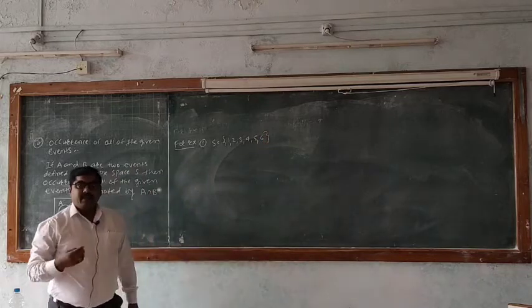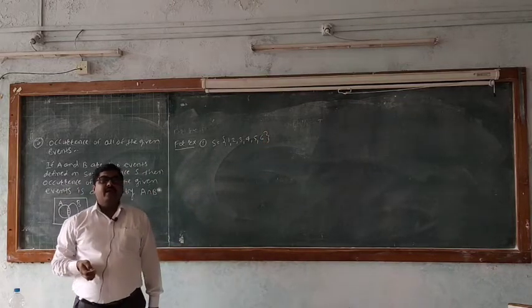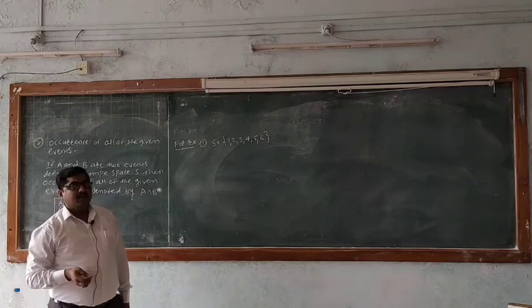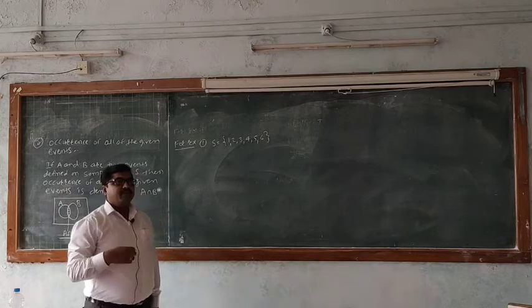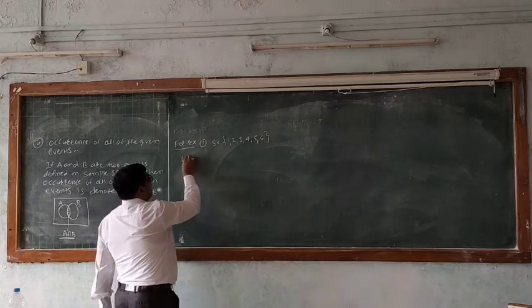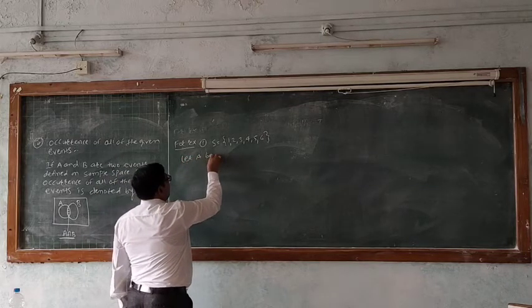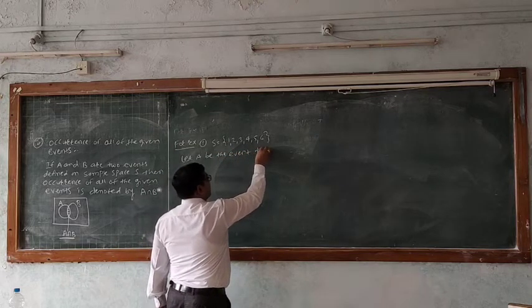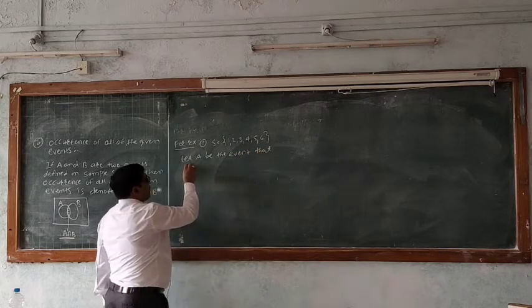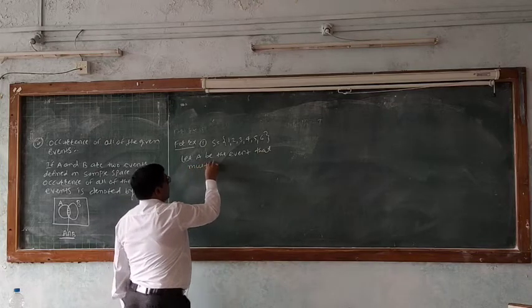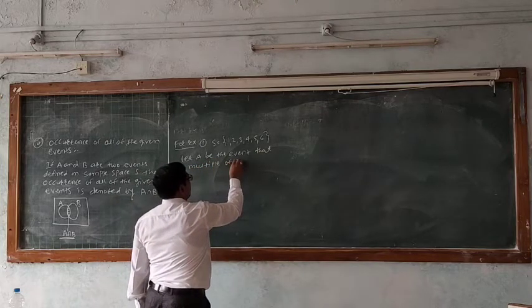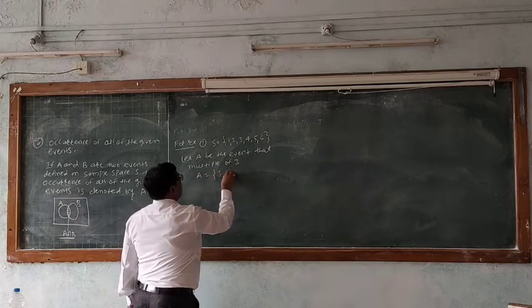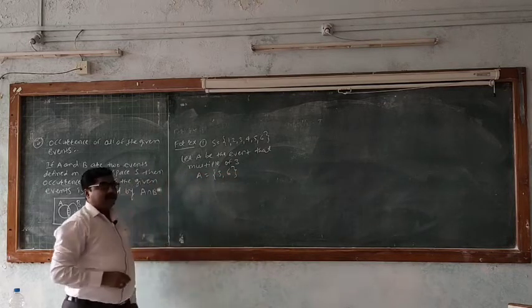Similarly, define A. Let A be the event that a multiple of 3 occurs, so A equal to 3, 6.